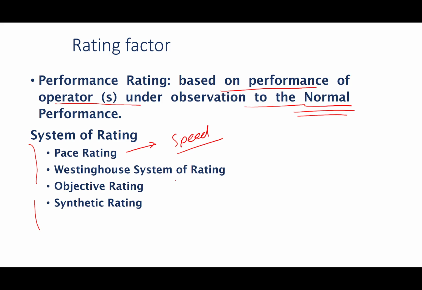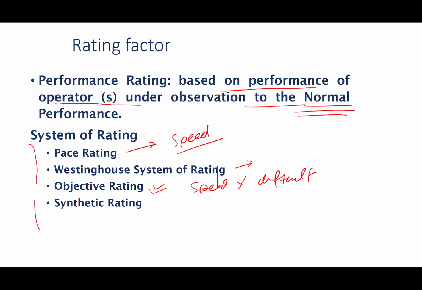Then the Westinghouse rating system considers a lot of other factors, like how difficult the job is, what is the consistency in performance of the job, what is the degree of effort needed, and how fast the job is being done. So it considers four different factors. Objective rating is a combination of the speed and the difficulty level related with the job.